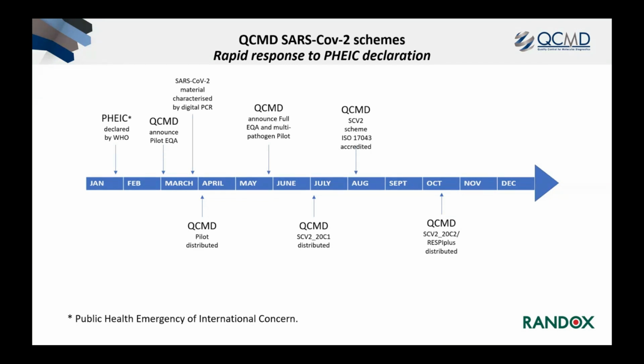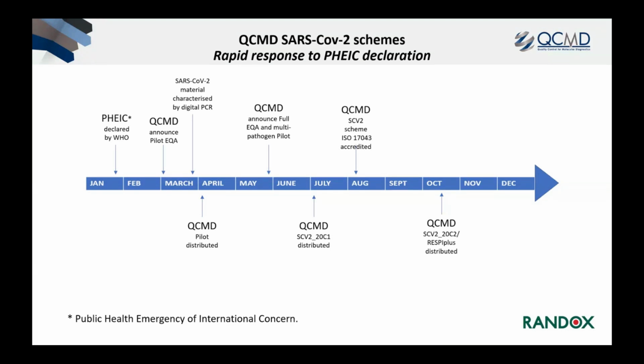By this point, we were already looking at SARS coronavirus because although we probably didn't quite foresee what was going to happen, we knew that this was an important new strain and we wanted to try and source the material anyway because we knew that laboratories would want to have this material available for future EQA schemes. And by the beginning of March, we had sourced well-characterised material. It was winging its way to Glasgow, and we were able to announce our first pilot EQA scheme.